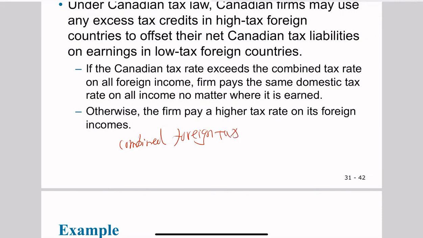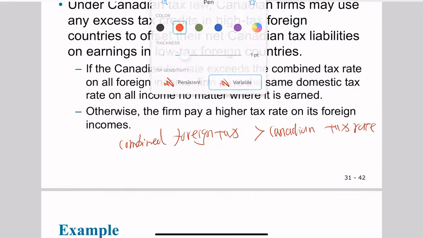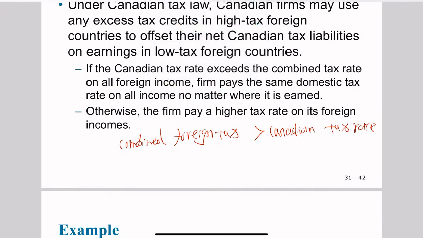So if the combined foreign tax rate is larger than, let's say we're talking about a Canadian firm, so it's larger than Canadian tax rate, then in the end, if the Canadian firm repatriates income from these foreign countries, this Canadian firm will pay this higher foreign tax rate.